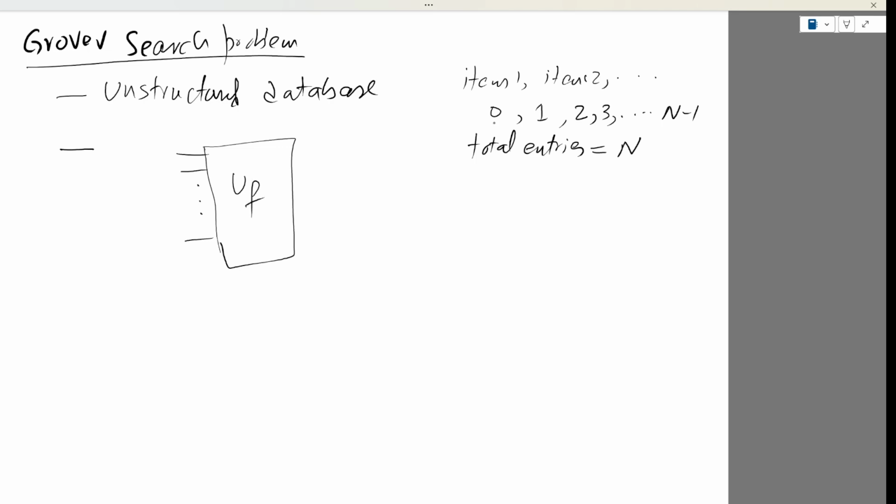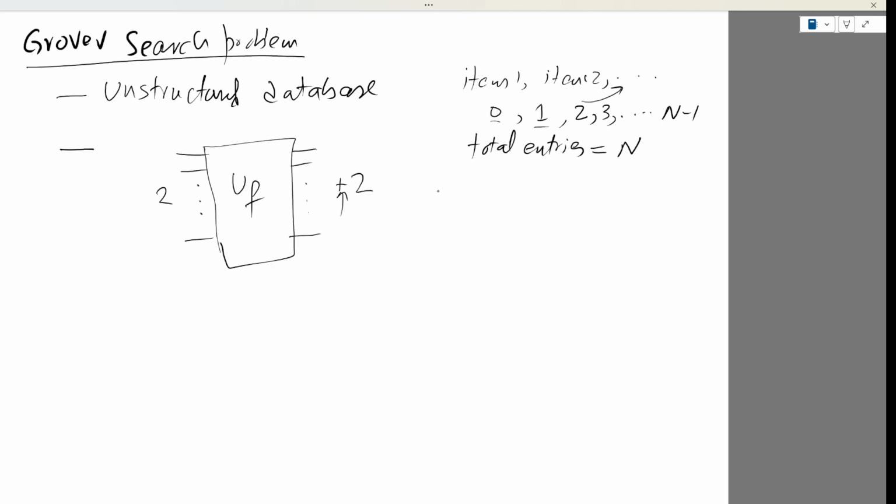If we input this index to this oracle, let's say I send in 2, it can go and find out what's the item corresponding to this index, and then tell us whether this is the item that we are looking for or not by giving a minus sign with it. If this is the item that we are looking for, it will put a minus sign, and if this is not the item that we are looking for, it will put a plus sign.